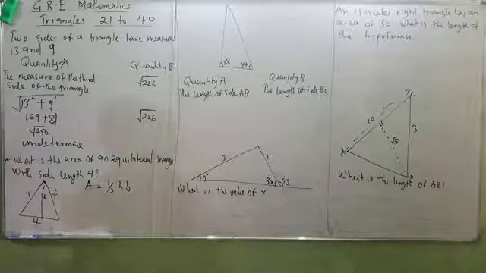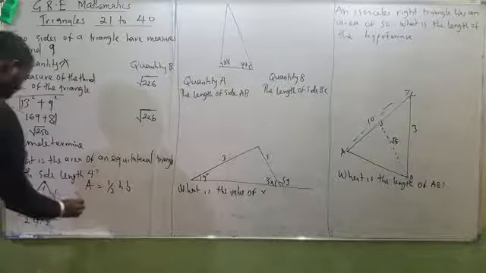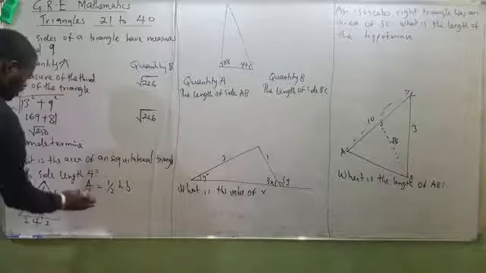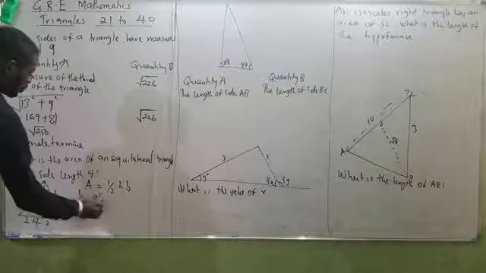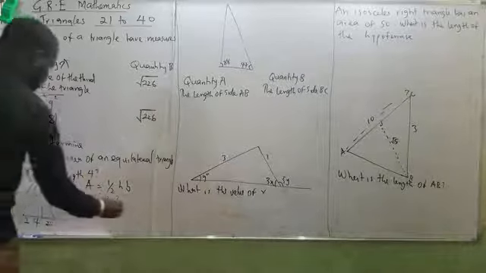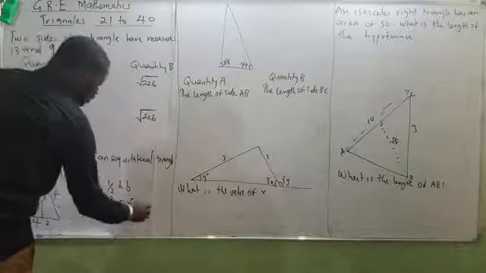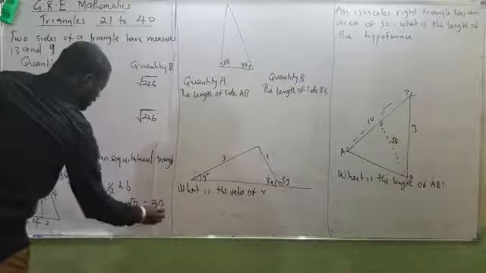Since here will be 2, here will be 2, my h will be root of 4 squared minus 2 squared, which is root of 12, which is 2 root 3.